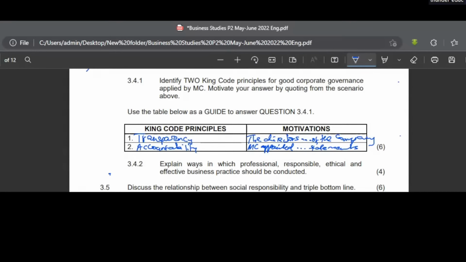So we are saying that plan properly and put preventive measures in place.